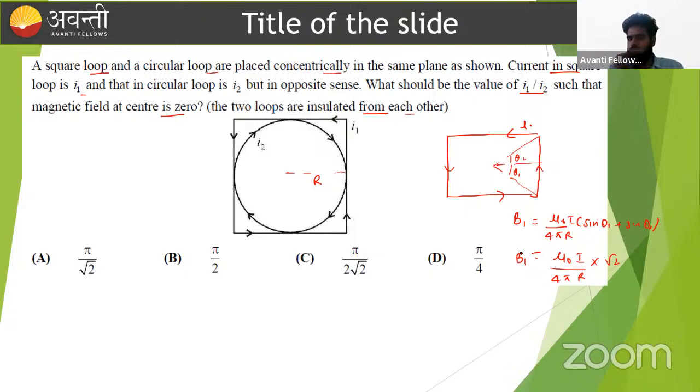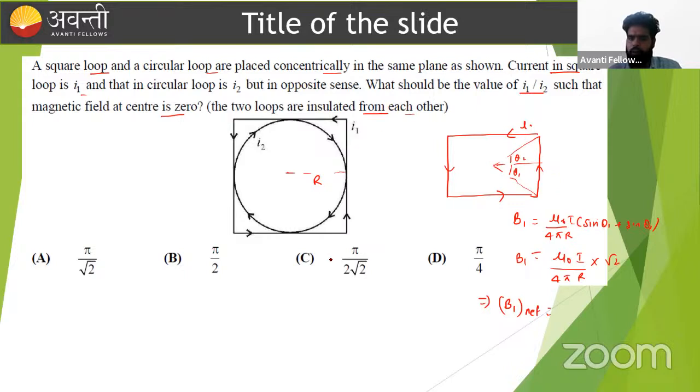And we know that in a square, four similar straight wires are present. Then what is B1 net? The magnetic field direction due to each finite wire is the same, and that is outward to the plane of paper.